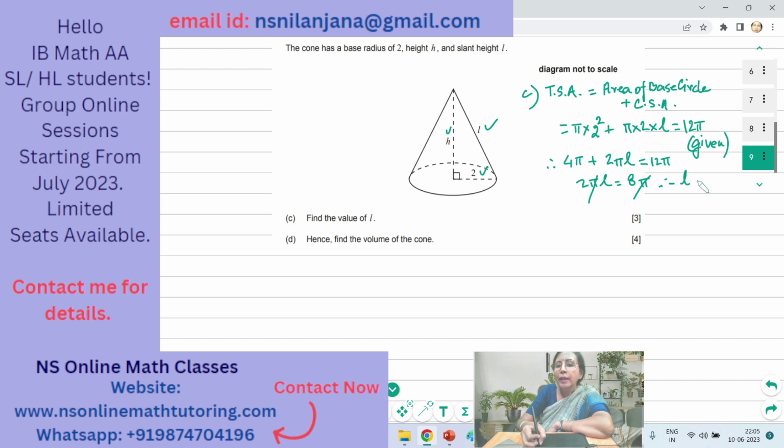Therefore, L is equal to 8 over 2, that is 4. Okay. So the value of L is equal to 4 units.